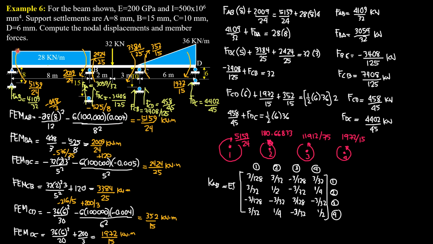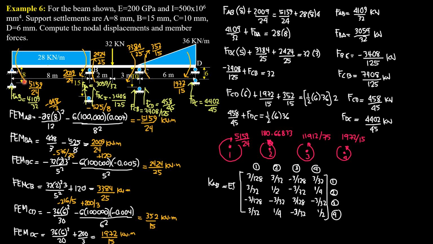So fixed moment AB therefore is negative because this is counterclockwise at the left. Remember from slope deflection equation, clockwise is positive. So negative 28 times 8 square over 12, then minus 6 EI, 100,000.